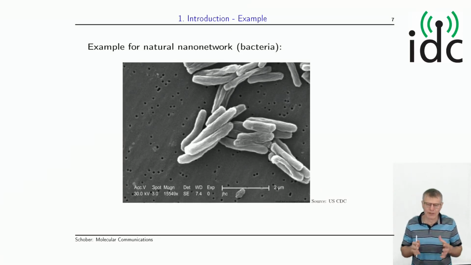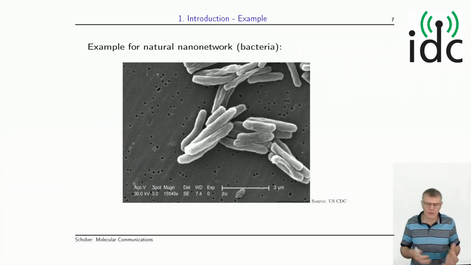So if there are only few bacteria in the environment, then the bacteria typically remain passive and try to grow in number first. And then once they exceed a certain number, then they start to change their behavior and attack the host system. If we are the host system as humans, then this is the point in time when we fall sick, basically.